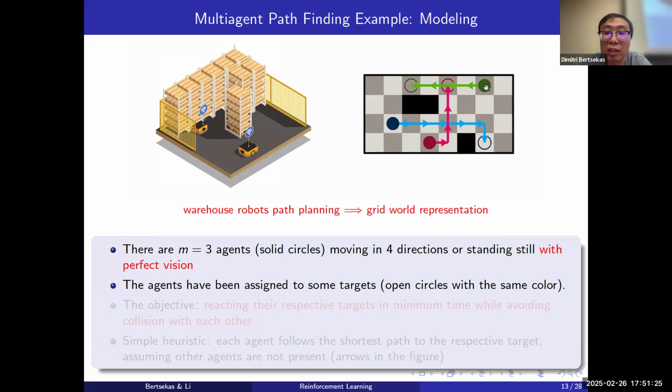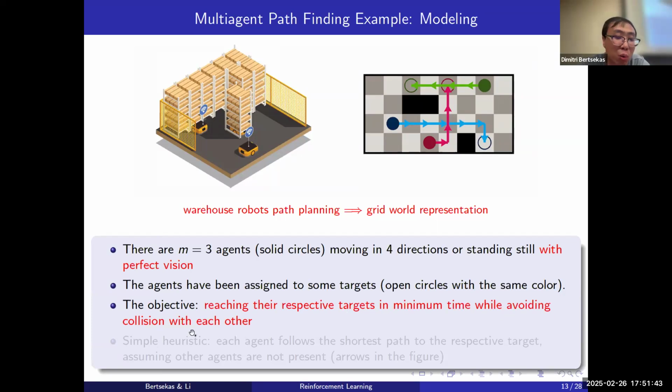For example, this agent needs to move to this particular position, and this agent needs to move to this particular position, and this agent needs to move to this particular position. The objective is to reach their respective targets in minimum time while avoiding collision with each other. They are the same team, owned by the same company and working in the same warehouse. It's not a competition, so they work together.